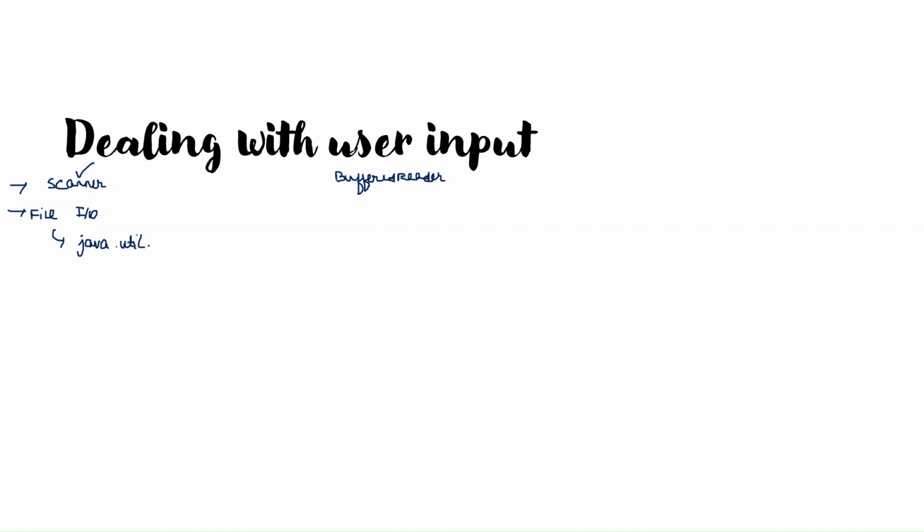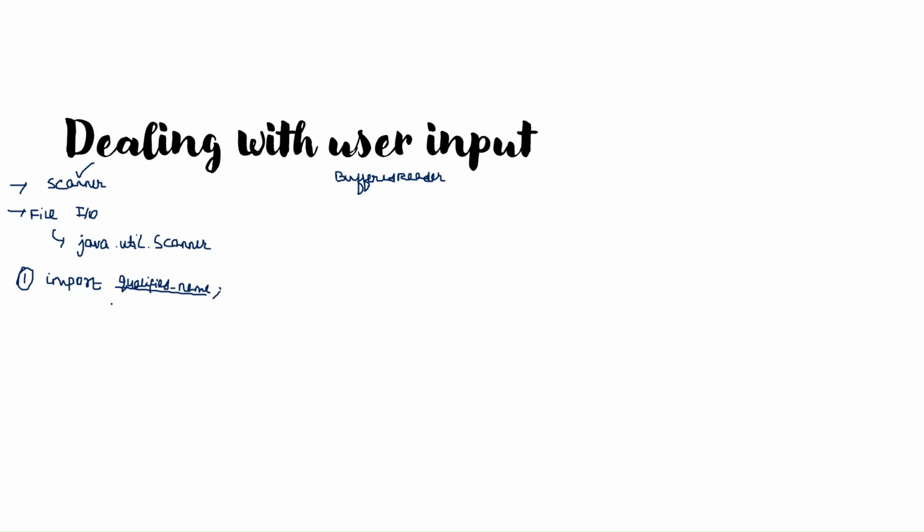Okay, and its qualified name is java.util.Scanner. So, in order to use this Scanner class, there are some steps that you need to follow. Firstly, import this Scanner class, and then here you need to specify the qualified name that I just wrote above.